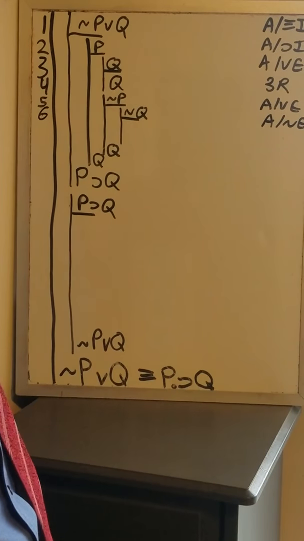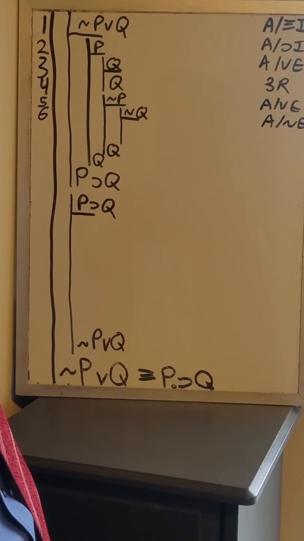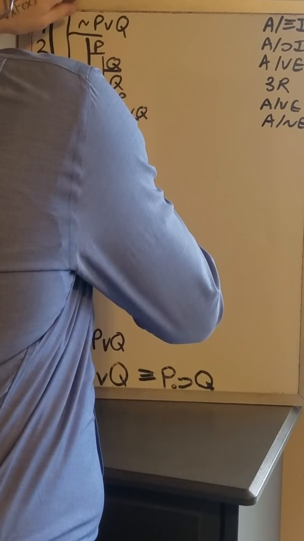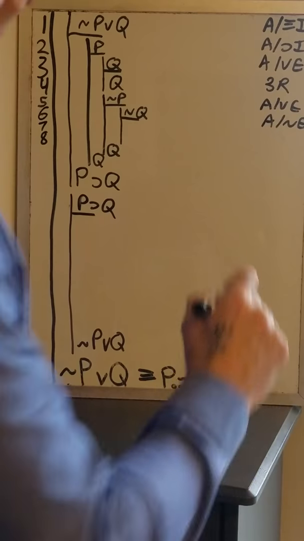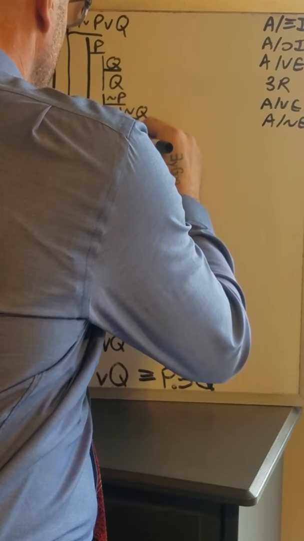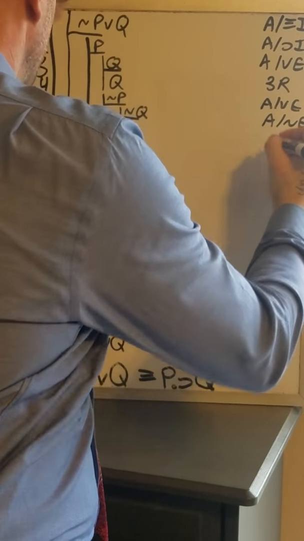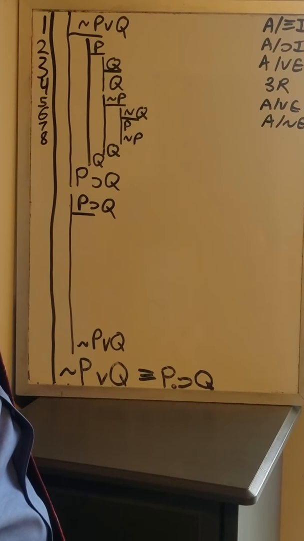So we'll assume not Q so we can use negation elimination on it. And on lines 7 and 8, we'll just reiterate P and not P down into the subderivation. So that's reiterations of lines 2 and 5.